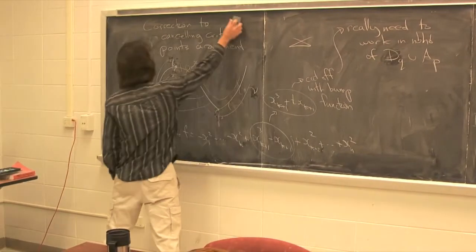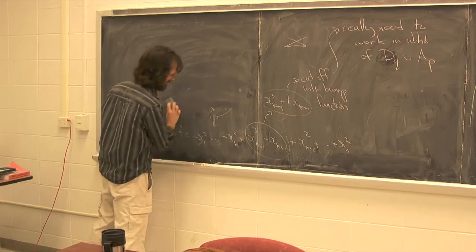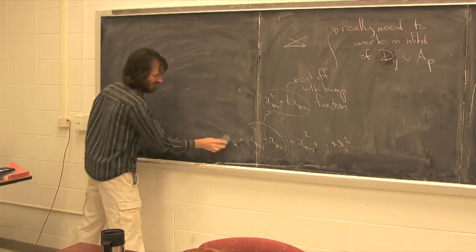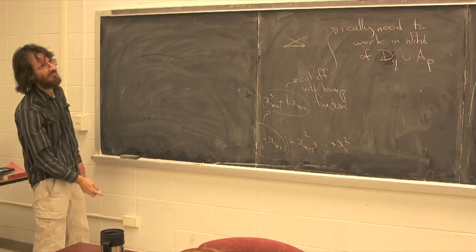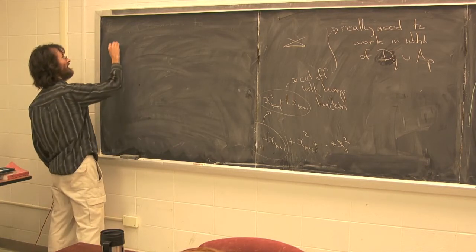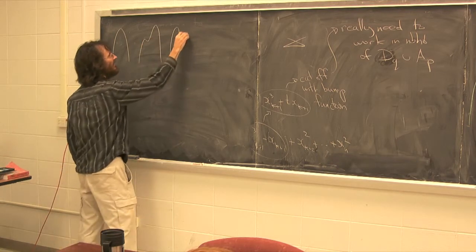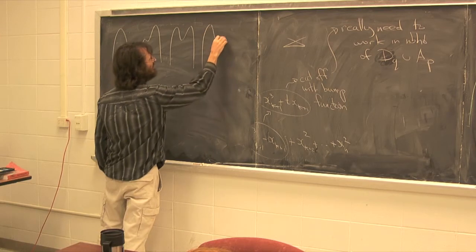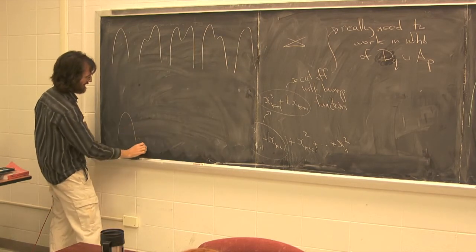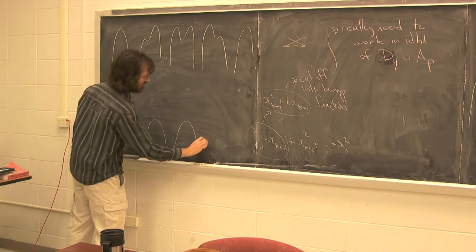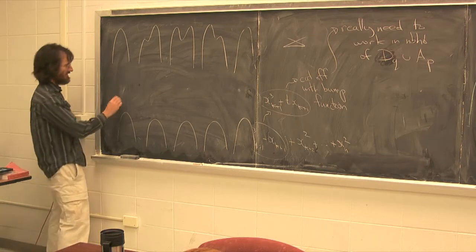But the other thing I wanted to say is that actually, let me draw that same movie of movies I had before. I'll draw it again. We start with this, this, this, this, and this, and we wanted to homotope that so as to get rid of all the critical points, right?